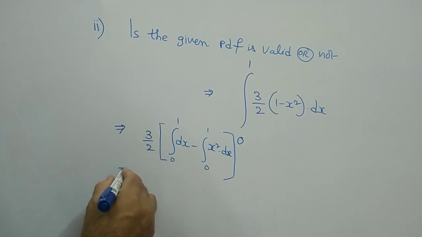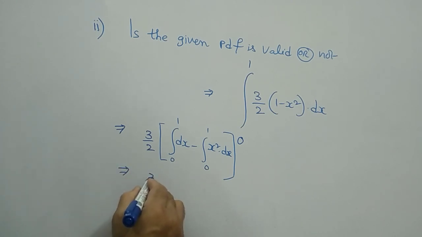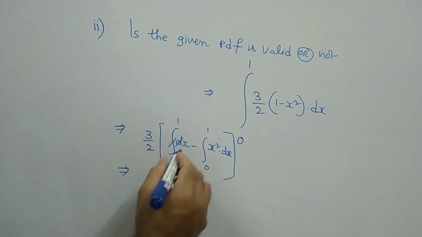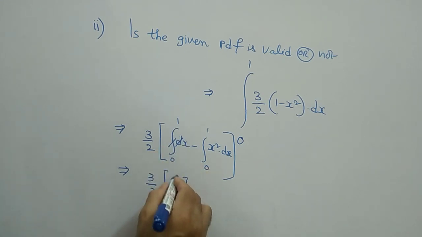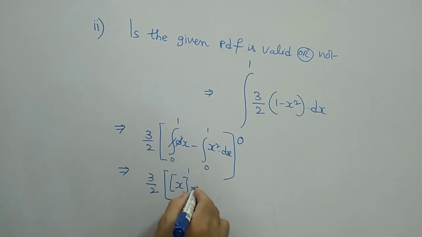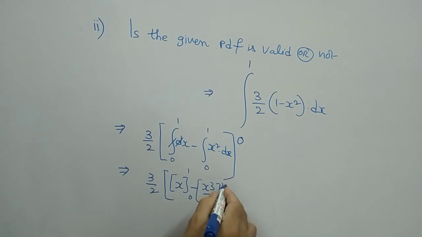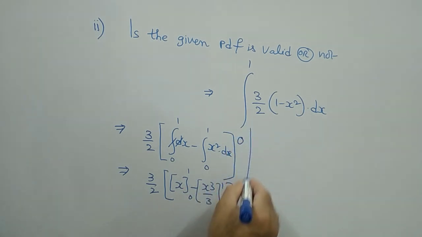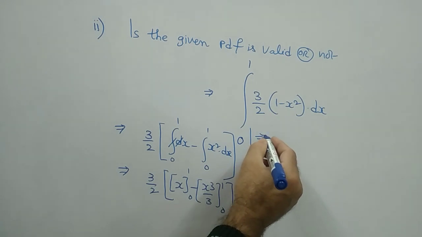Is it not? This further is equal to 3 by 2 times, only x you will have here, from 0 to 1, and here the integral of x square is x cube by 3, and substitute 0 to 1 here. Clear?